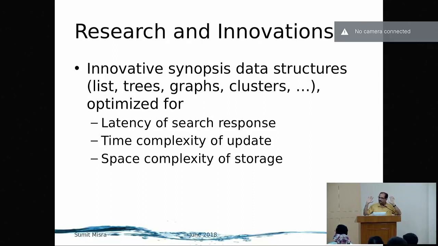So it has to happen fast. And the space complexity of storage has to be small. So you are bound by all three sides of the triangle, and you have to function that way. All the research that is being done right now is trying to optimize all of these.